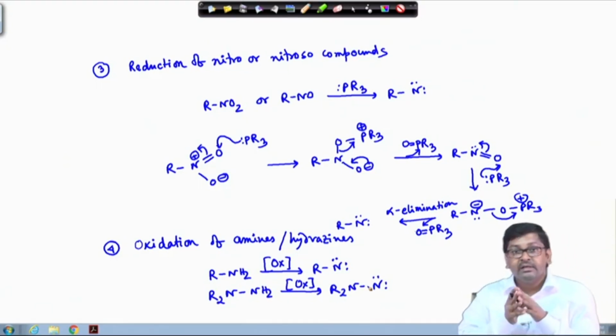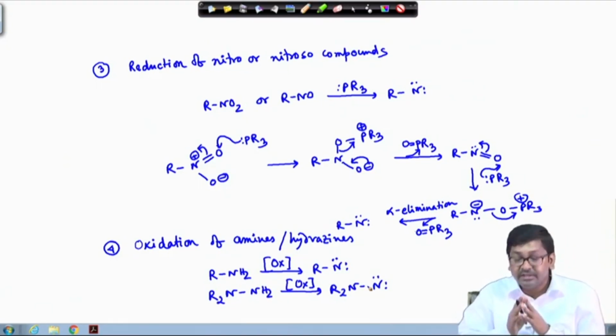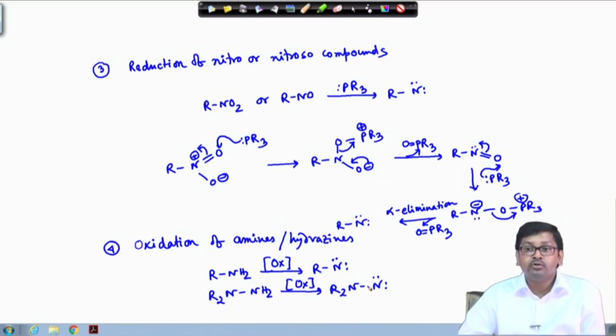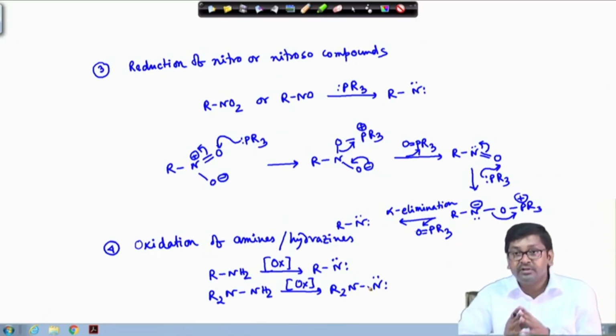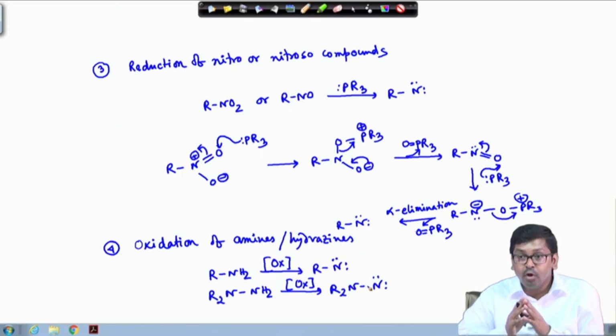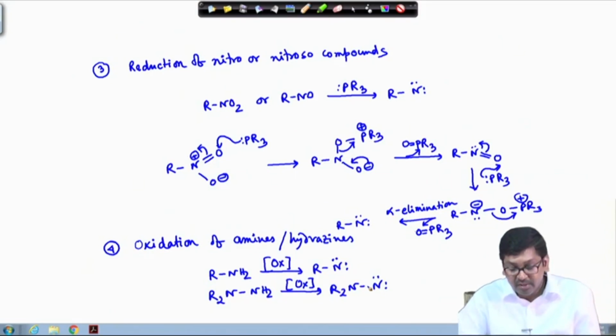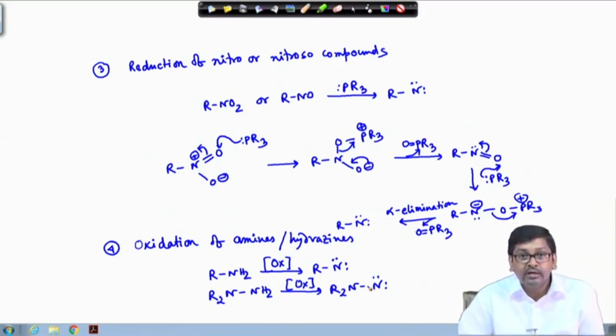We have discussed the various techniques of generating the nitrene moiety. It is not only the photolysis or thermolysis of azides, but also we can generate those nitrenes from various small molecules, heterocycles, or from the alpha eliminations, or from reduction of nitro or nitroso compounds, and could be oxidations of amines or hydrazines.